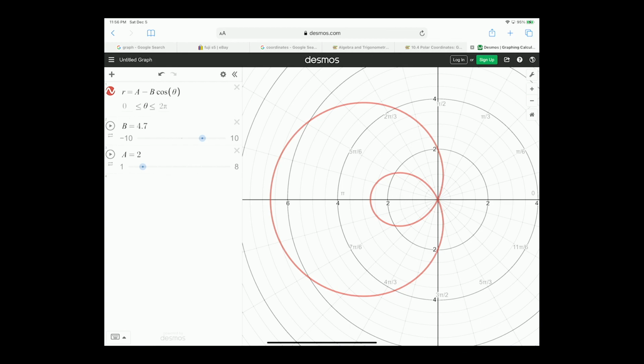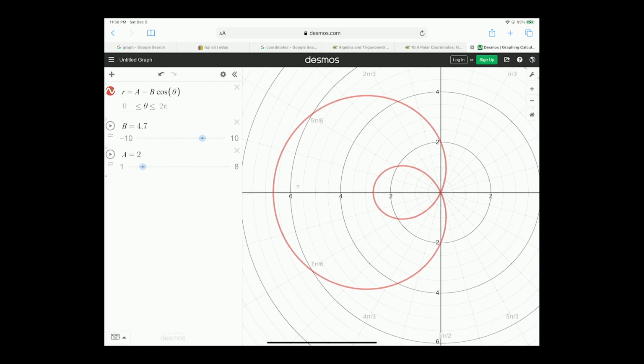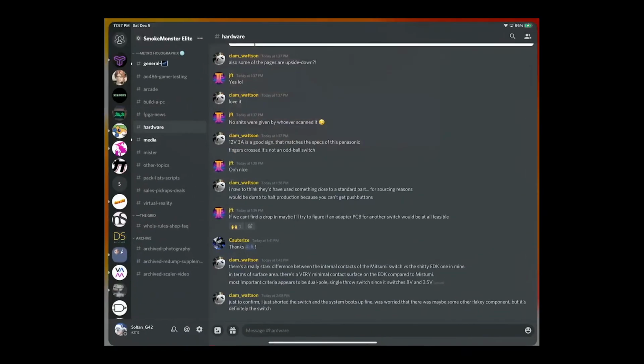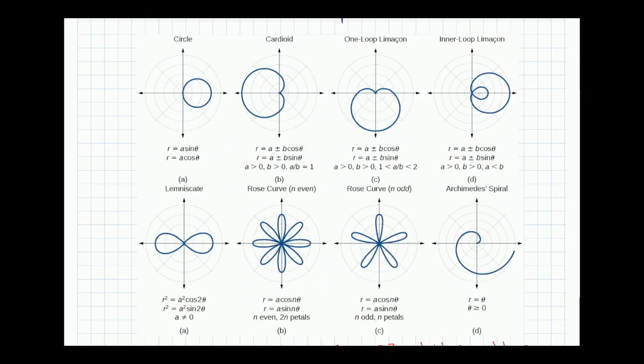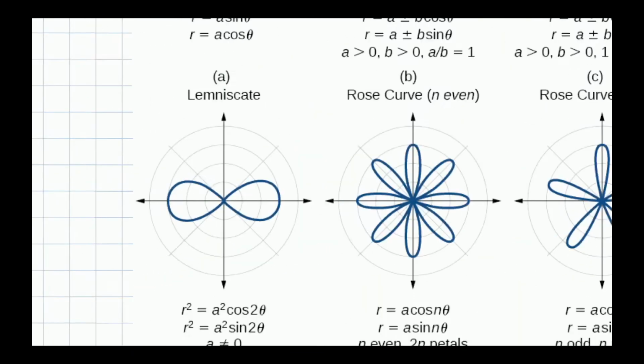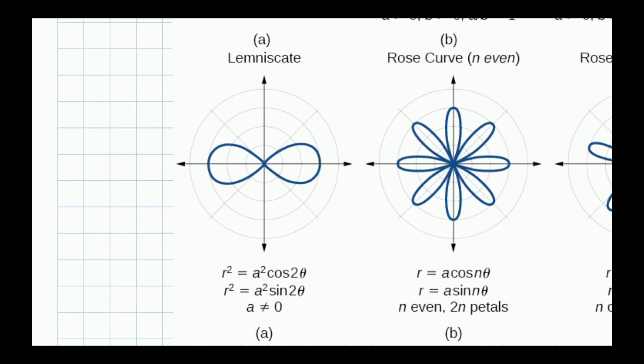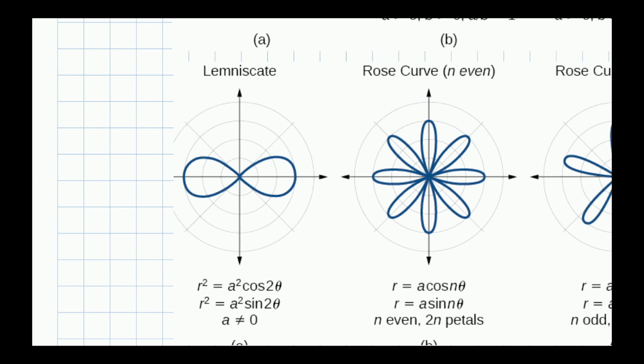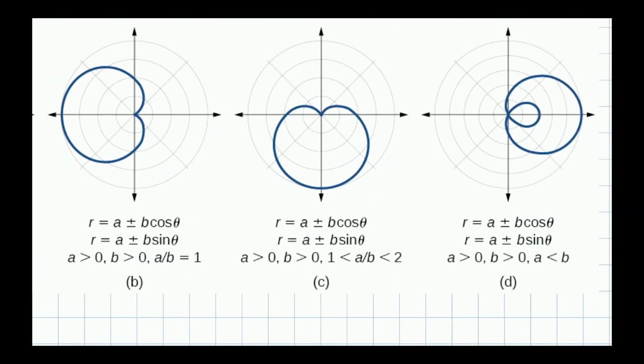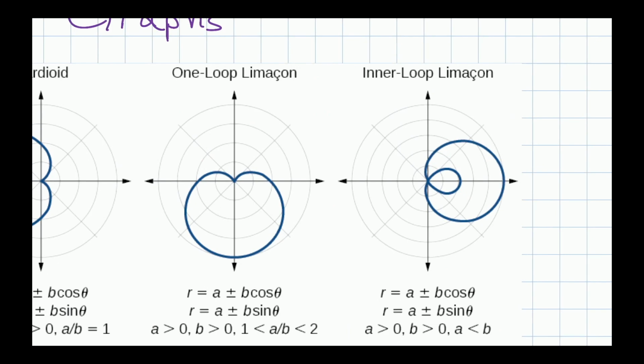Sorry, that's not right. So you could think of this kind where you've got a two petal rose. But what if the petal on the right was actually inside of the petal on the left? Then that's how you get the inner loop kind of graph.